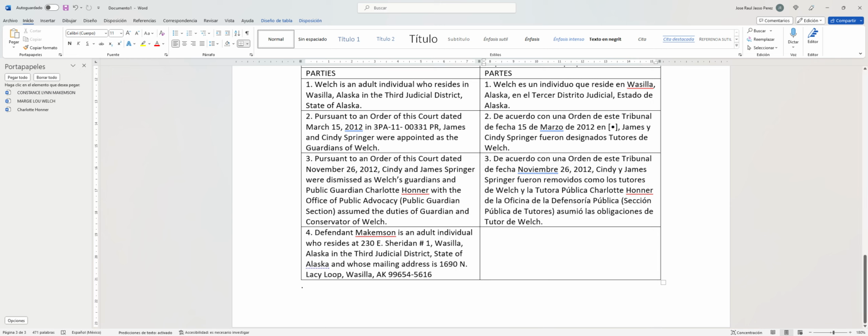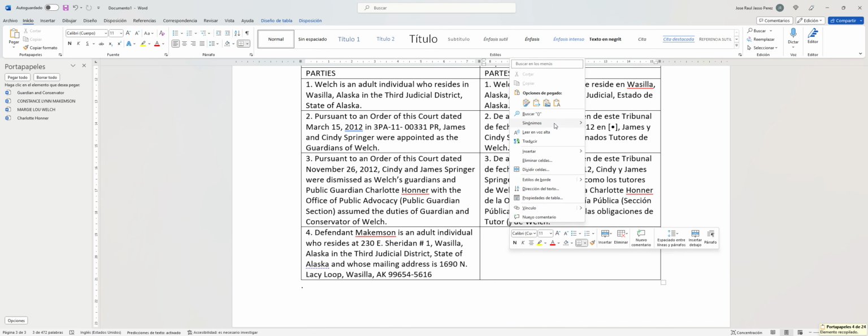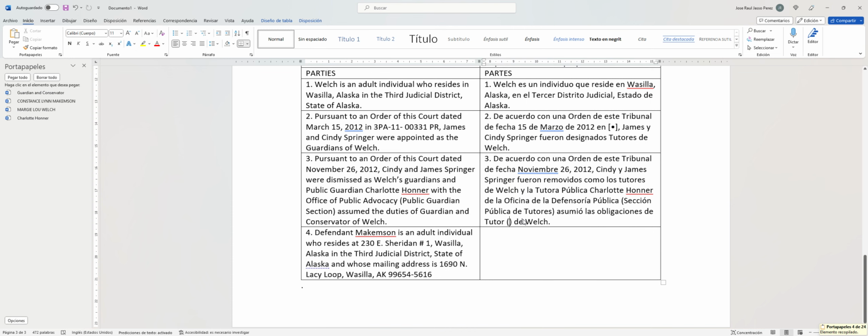However, I believe that for purposes of this translation we can use the single word tutor to represent both. However, as I usually do in most translations, we can put just in English what we're trying to refer to in parentheses for purposes of clarity.